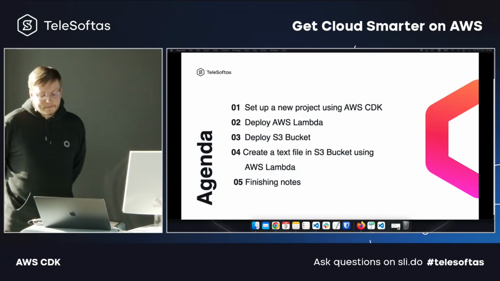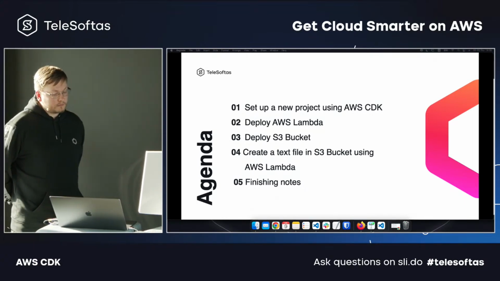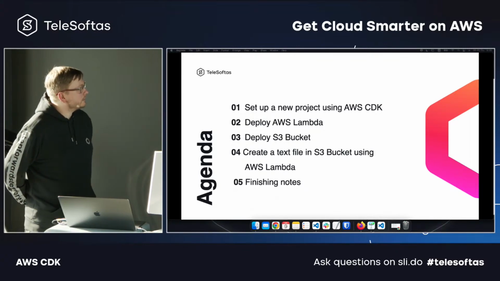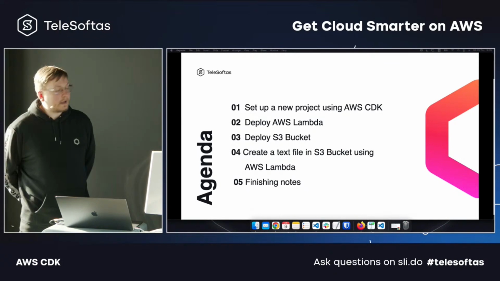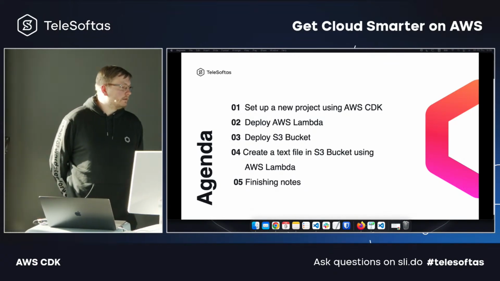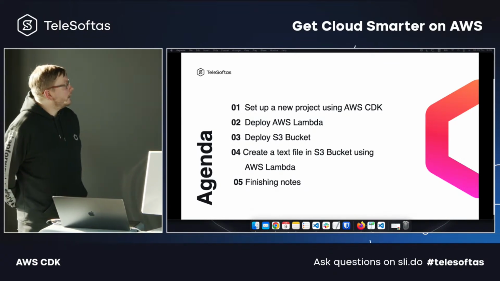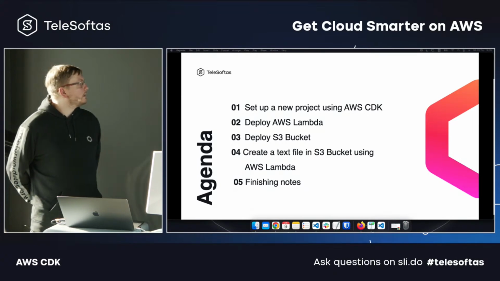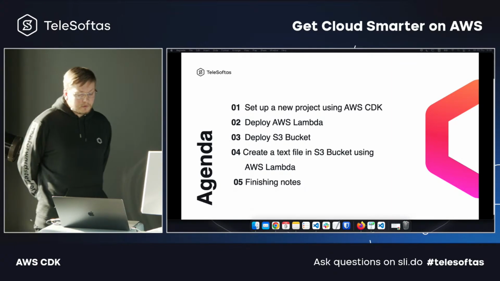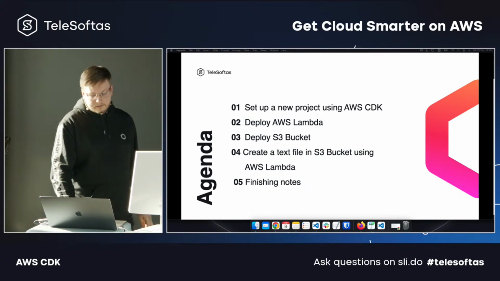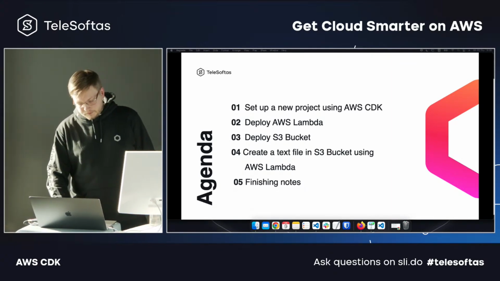I'm gonna show you how to set up a new project and deploy AWS Lambda, and for whoever doesn't know, Lambda just runs your code on the cloud. Then we're gonna deploy an S3 bucket, which is like a hard drive on the cloud, and we're gonna make those two interact, and I'm gonna finish up with some notes.